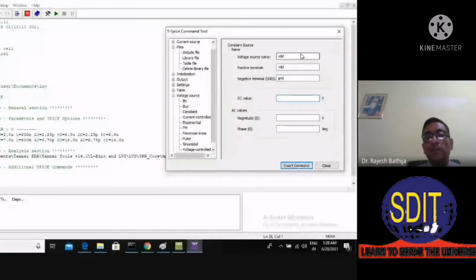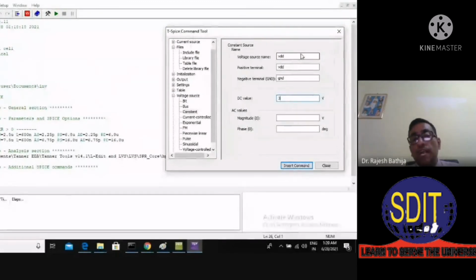It depends upon the technology you are using. For example, in 0.6 micrometer technology, we can use 3 volts, right? In 2014, a technology node came, where we can use 0.9 volt, and that node was 16 nanometer, right?